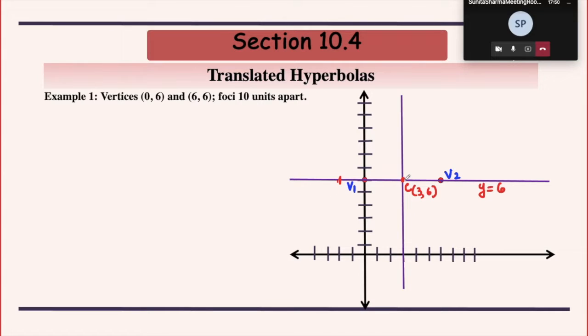Okay, so you have to move 5 units to the left of center. Move 3 units, you come here, and then 2 more units. So this is your first foci, -2, 6, and the other one is 5 units on the other side. So horizontally you are here at 6, so 7 and then 8. This is your second foci. Vertically you are at the same place, so 6 is your y coordinate. So these are your two foci.